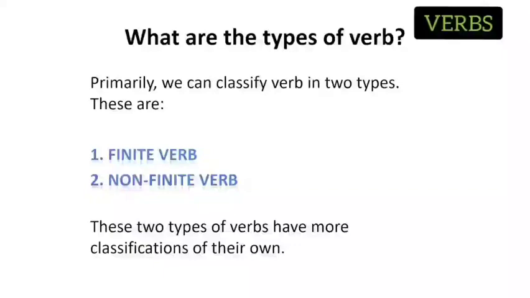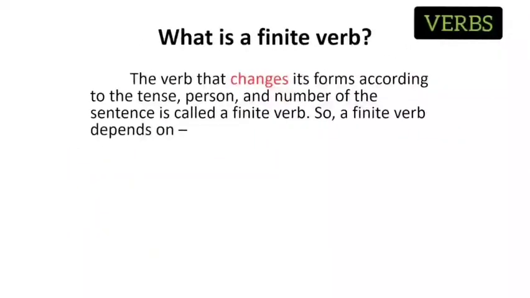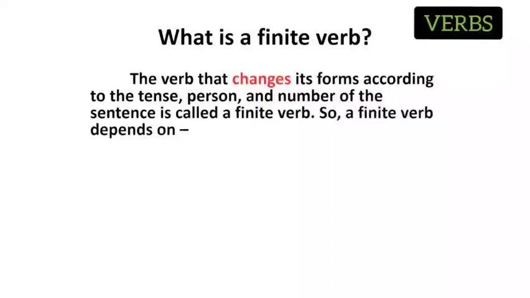Now, if we look at the term finite, the formal definition says: the verb that changes its form according to the tense, person, and number of the sentence is called a finite verb. So a finite verb depends on what?